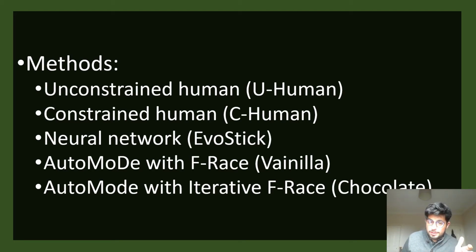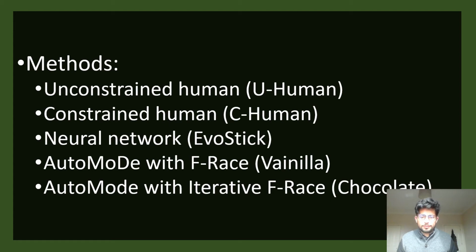They use different methods. Unconstrained human means that you ask a person to make a controller, and that's it. He has all the freedom in the world to make this controller. A constrained human is where you give the states and the actions, and the human has to design a controller from this.